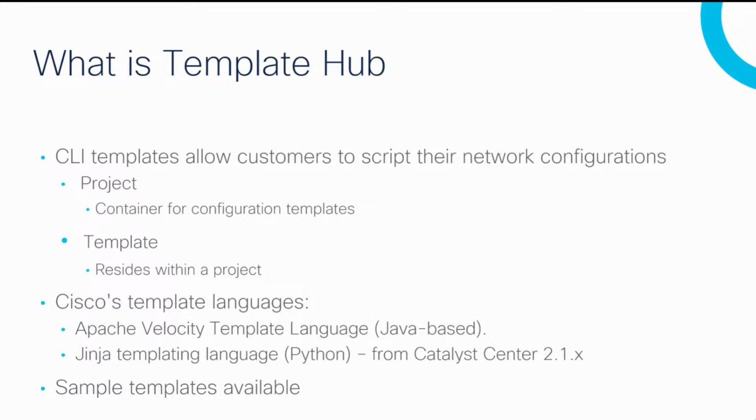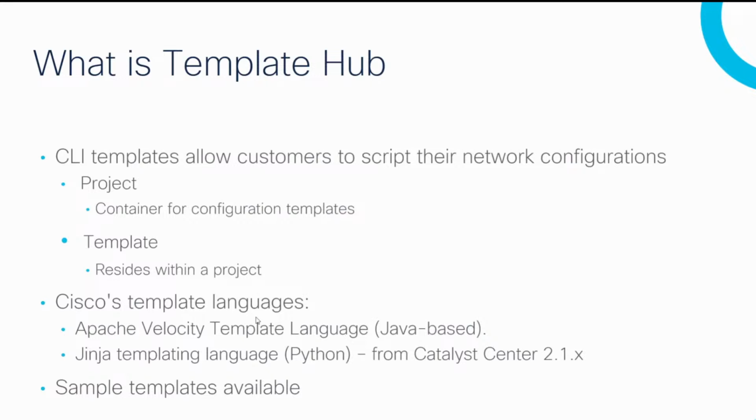And then you can organize your templates accordingly. You can also organize them based on site, device type, or various other methods. Templates will reside within that project. So projects can contain multiple templates, and you can use those as you deploy them to your network devices.